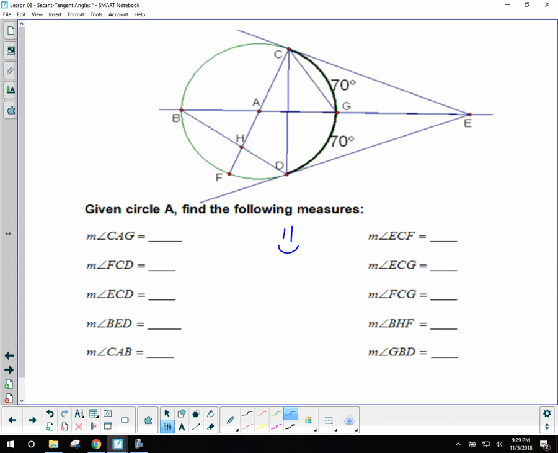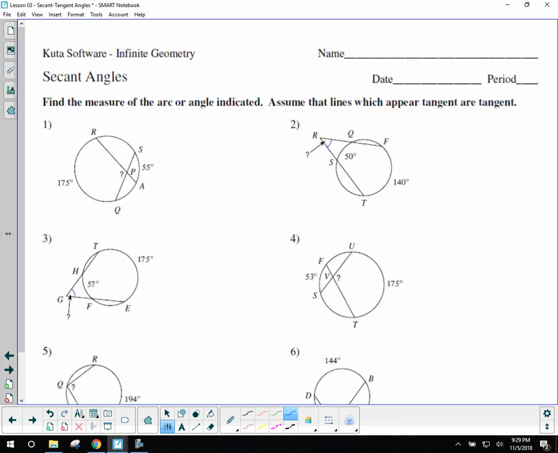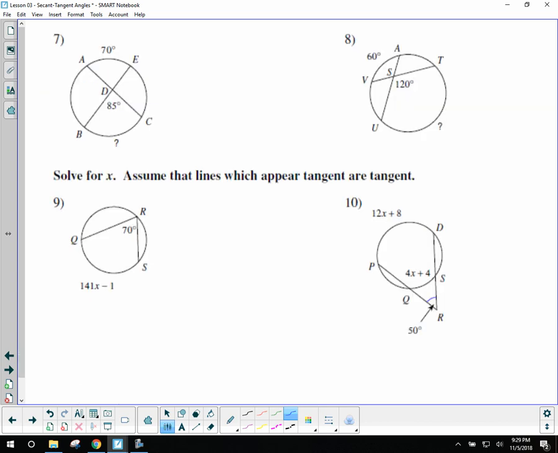Anyway, ignore this because you already have this online in your notes. Again, you're just solving for these missing angles. Look right here, solve for x, assume the lines appear tangent. Guys, this is the arc.